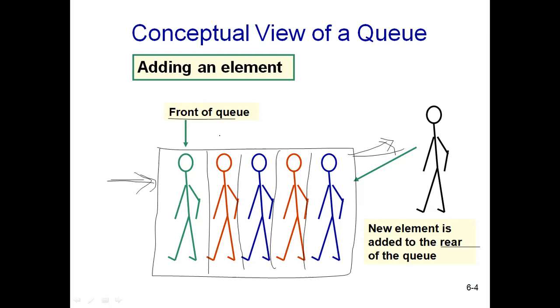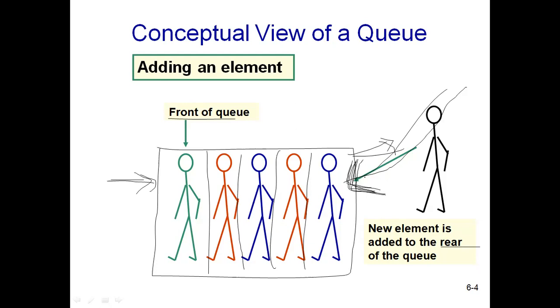So in the queue, the elements are inserted from the rear only. Remember, this is a very important key point in the queue. The elements we insert in this queue should be inserted from the rear side only.